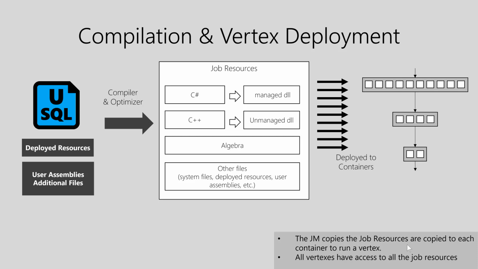What happens when a U-SQL script is compiled? Surprisingly, because we're so .NET focused with U-SQL, you may think that it's automatically compiled to managed code via C#, and that actually used to be true. But that's not necessarily true anymore. Even though we use C# as a language, if you're not doing anything that requires managed code, we will actually just generate C++ code and create unmanaged code for your vertex execution.